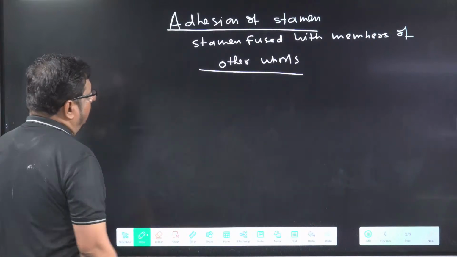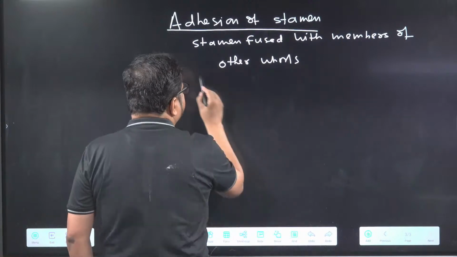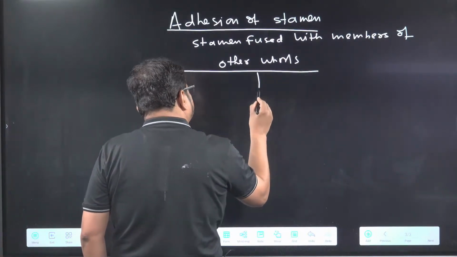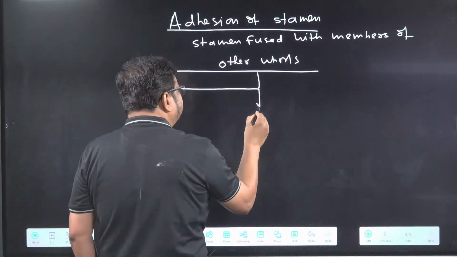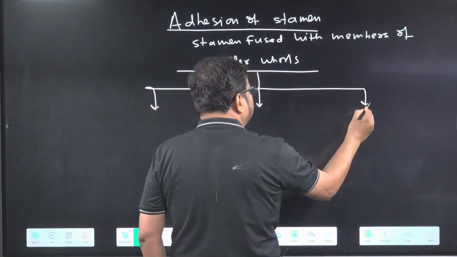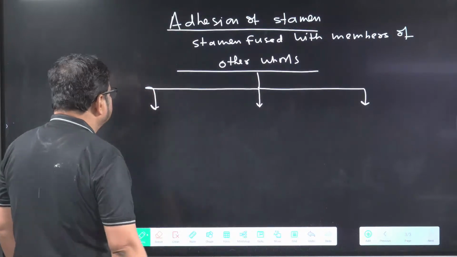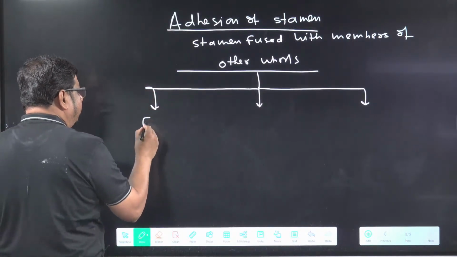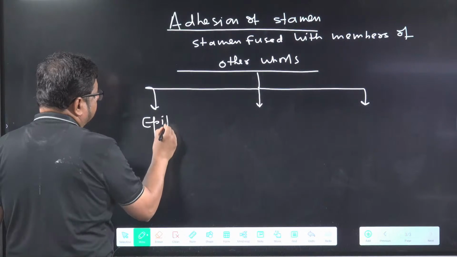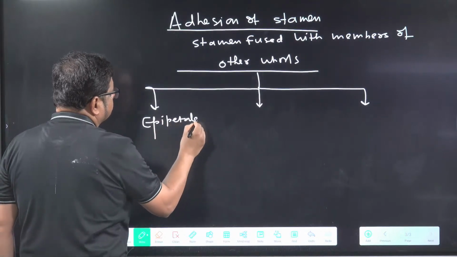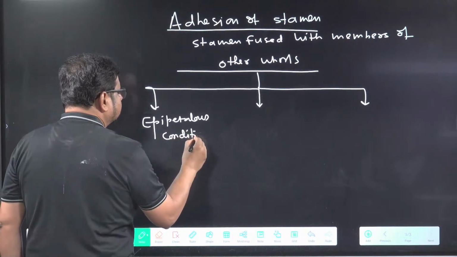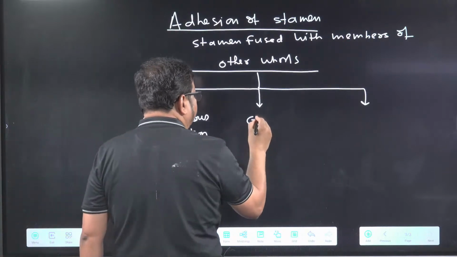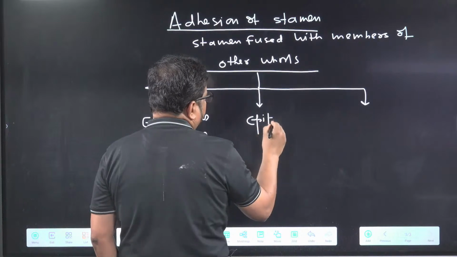So I'm writing here: two types are given in NCERT, but I am telling you three types, one more. So here also all possibilities will be over. One is called epipetalous condition. Another is called epiphyllous condition.